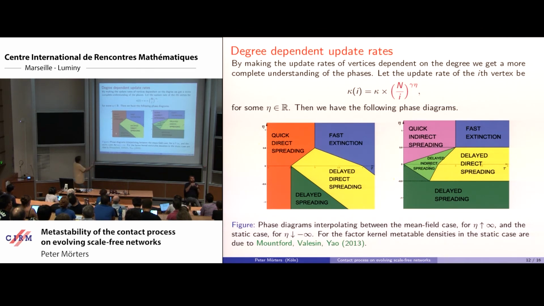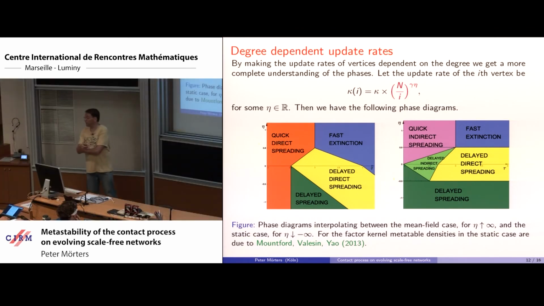So when eta is -infinity at the bottom, that's the static case, and at the top, it's the mean field case. What I've shown you so far is the case eta equals 0, where we have a constant update rate, and we've seen that up to 5/2 the best strategy was given by no time delay, so quick direct spreading strategy. Up to 4 there was this delayed direct spreading strategy, and beyond 4 we had fast extinction, no successful strategy for the survival of the infection.